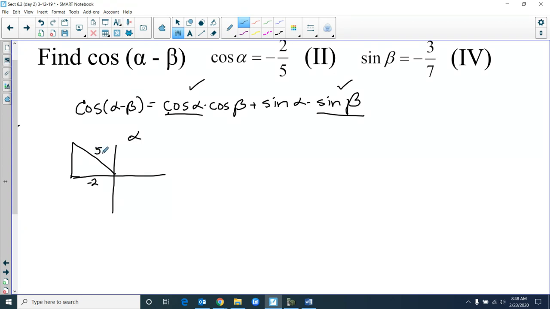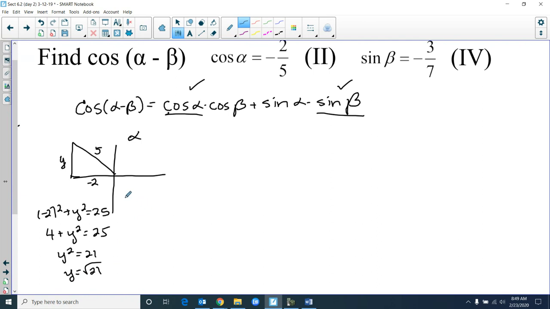The hypotenuse will be 5. I need to find that y value. Negative 2 squared plus y squared equals 25. Whenever you square that negative, you've got to make it positive. So you get 4 plus y squared equals 25. So y squared equals 21. Y is the square root of 21.